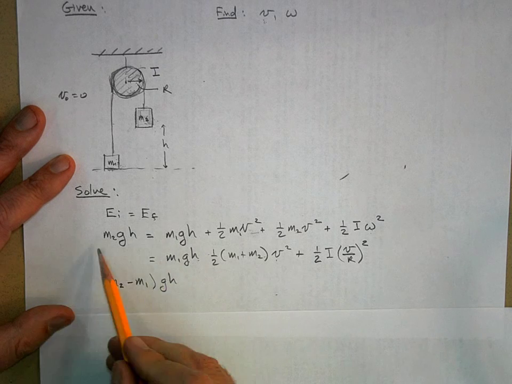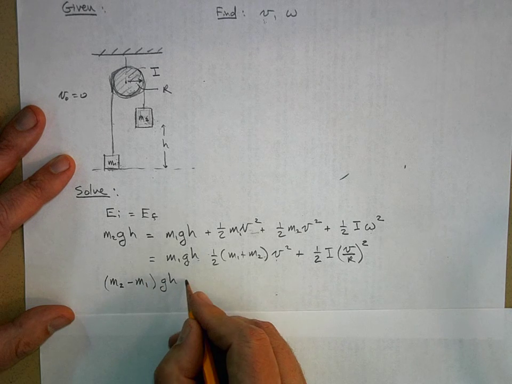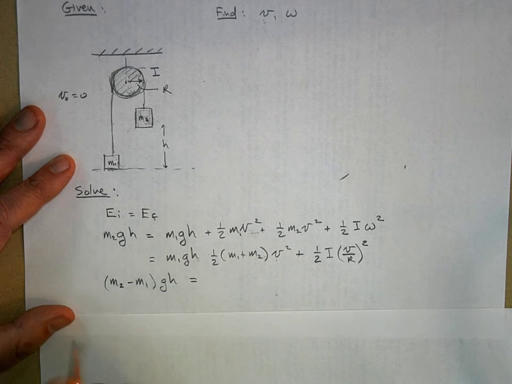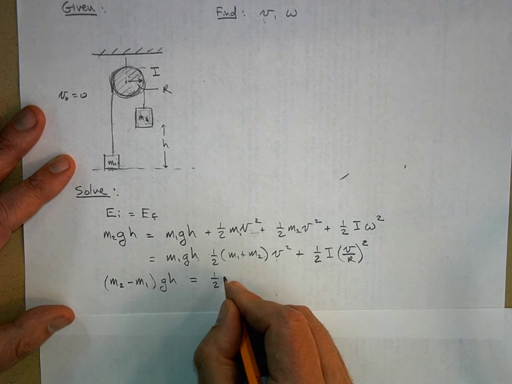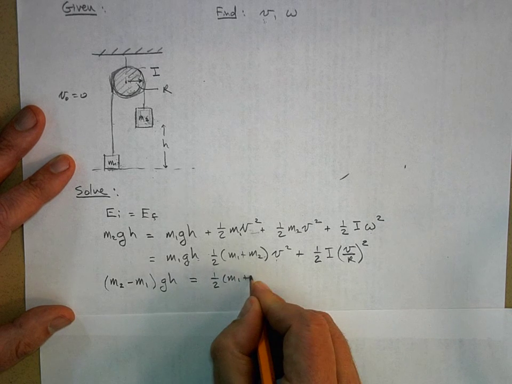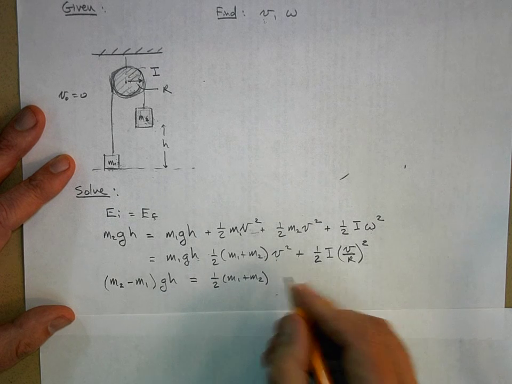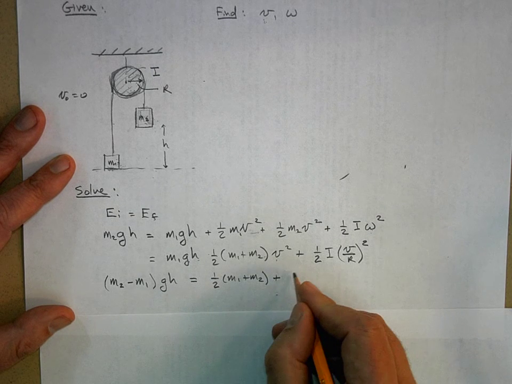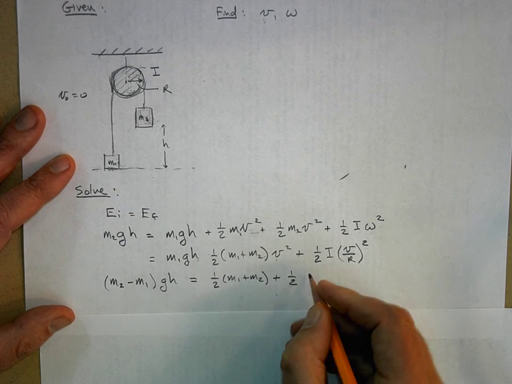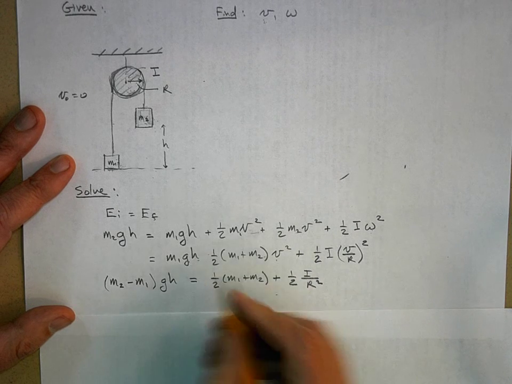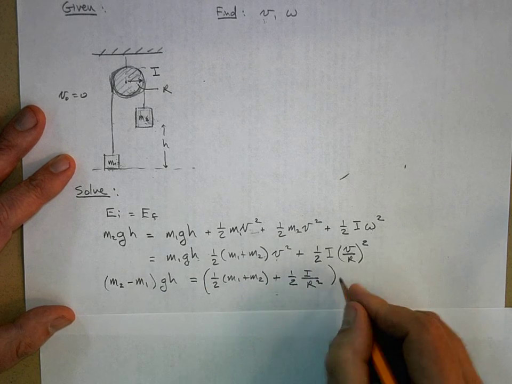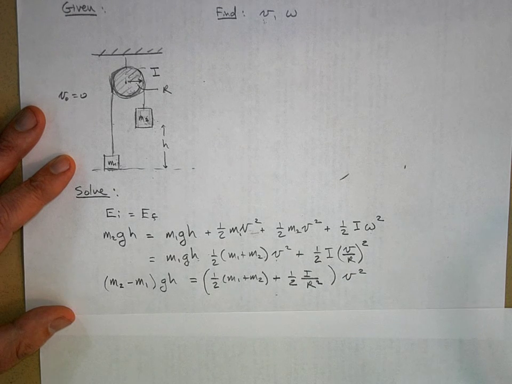When I bring that over and factor out the g and h, equals 1/2 (m1 plus m2) plus 1/2 I over r squared, times v squared.